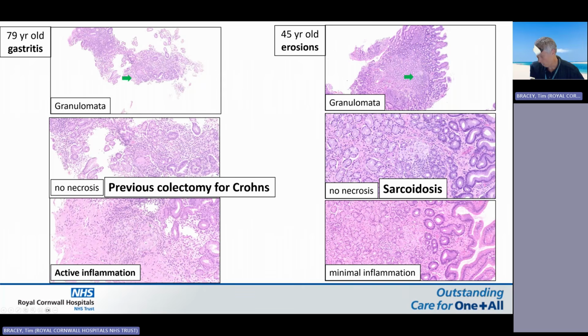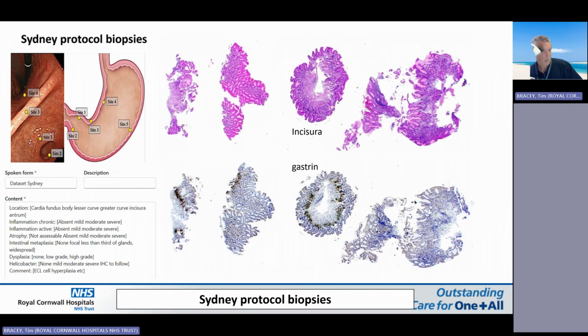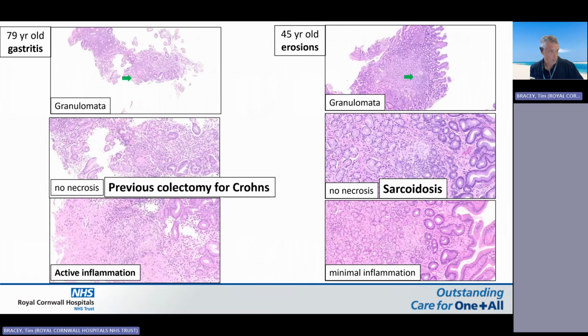And this chap had known systemic sarcoidosis. So granulomatous gastritis, uncommon, but you've always got to do a systemic search for an underlying cause. Crohn's, sarcoidosis, infections. If you've got necrotizing inflammation, of course, you need to think about mycobacterial or fungal infections. And don't forget Helicobacter. It can still be a cause.